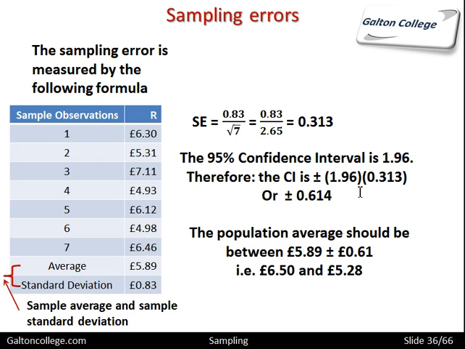We then multiply it by 1.96, which is equal to plus or minus 0.614. We add and subtract the 0.614 to the average, giving us this. And we're 95% confident that that is true. So we can see the power of sampling.